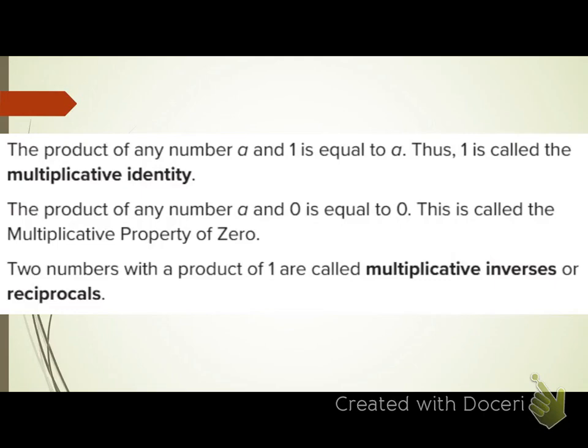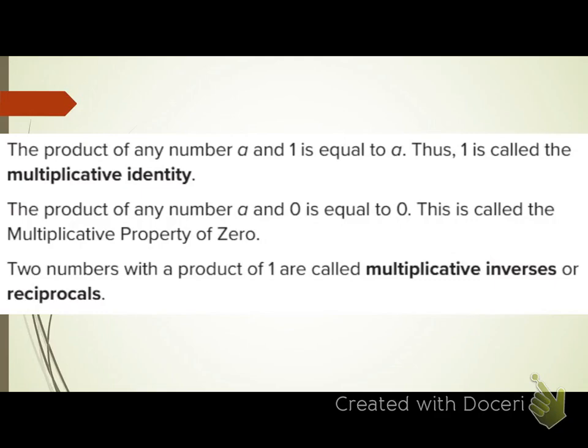Any number times 0 gives me 0. Product of any number A and 0 is equal to 0. This is called our multiplicative property of 0. Everyone say multiplicative. Multiplicative. It's fun to say.